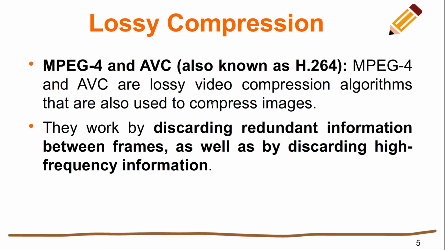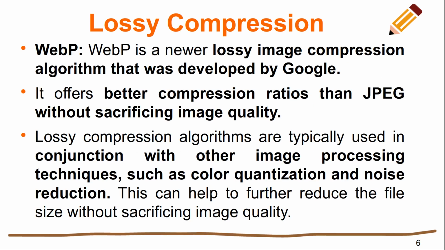They discard the redundant information between frames. This is a video algorithm, so different frames carry redundant or repeated information that will be discarded. Then the high frequency information is also discarded.